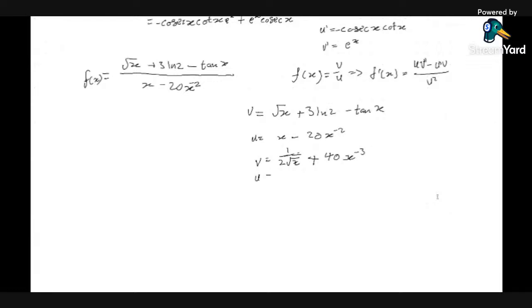This is u, this is v. So this is u prime, this is v. Okay. I made a mistake. You know why? I looked at this x and then I looked at this 20.